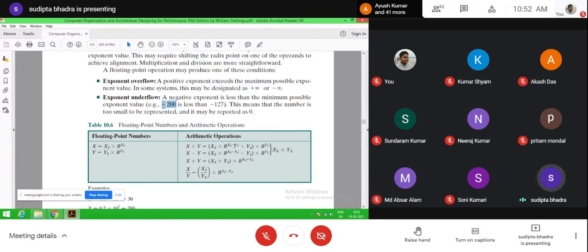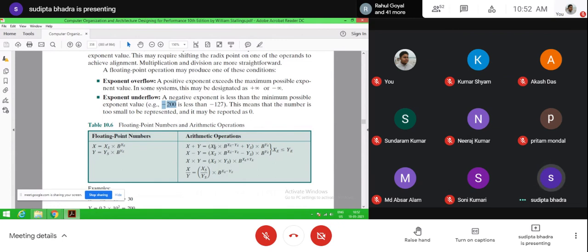At the time of exponent alignment, in the previous discussion we have seen x plus y, the arithmetic operation, where x is represented by xs into b to the power xe, by this particular formula.